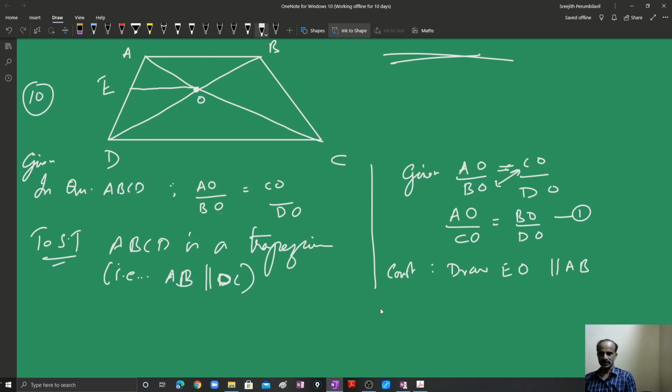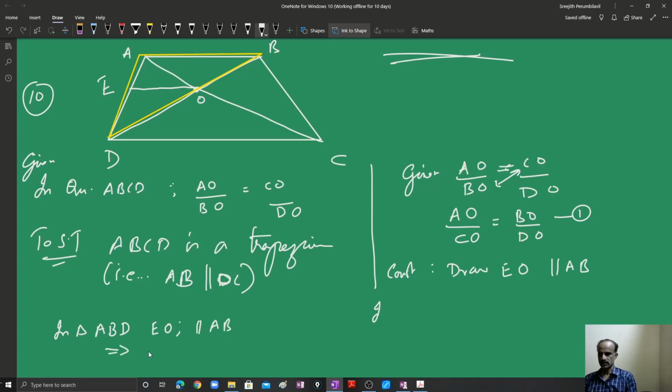Okay, so in triangle ABD, that's the triangle, EO is parallel to AB.